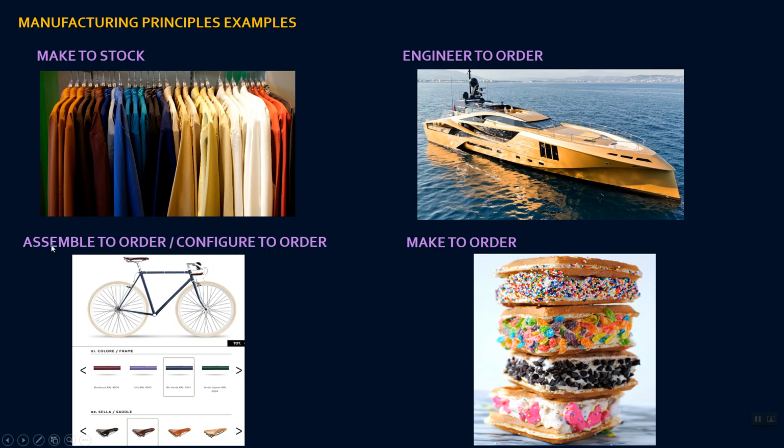You can see an assemble to order type of example, and in this, if you check out, the cycle is the same, only the color gets changed, seat color gets changed, wheel type might get changed, tire rubber material can get changed.